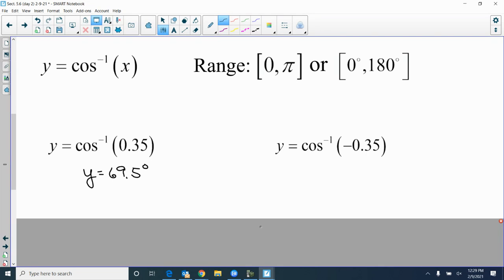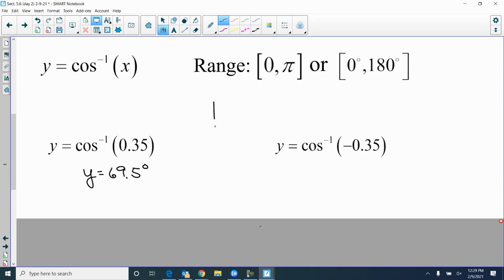All right, what quadrant is that answer going to be in? Esther. Second quadrant. All right. You know how we can figure it out without just hitting it in our calculator? It's not going to be negative 69.5 because that's in quadrant 4. So just think about this.